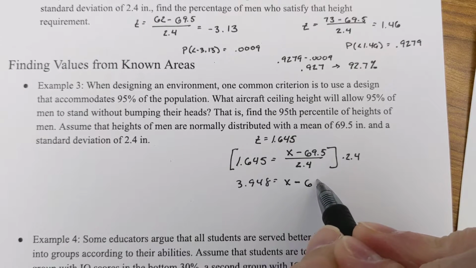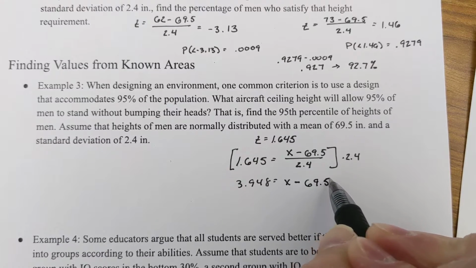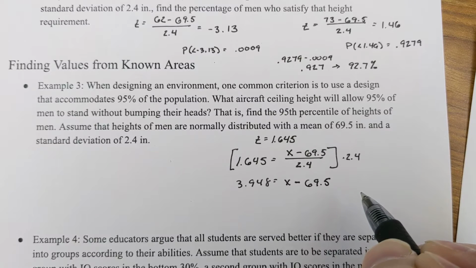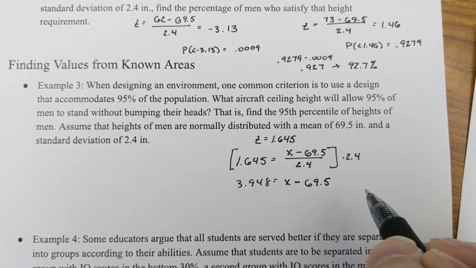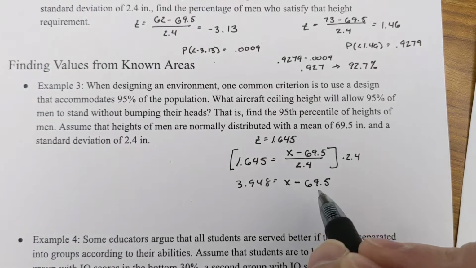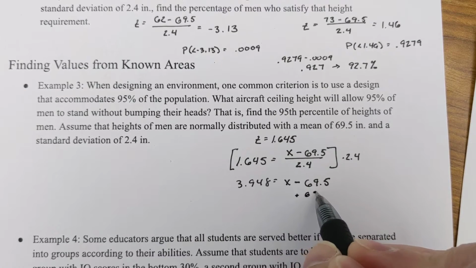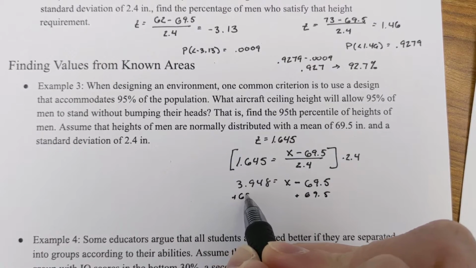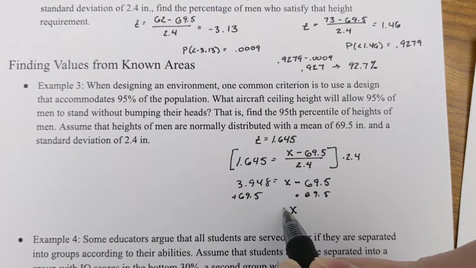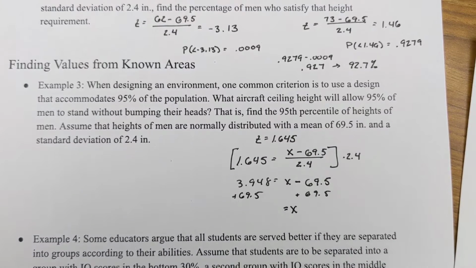I guess this is going to be way too big. Yeah, because if I add plus 69.5, so x is equal to, sorry, I got myself confused.